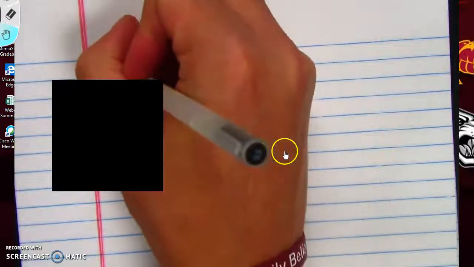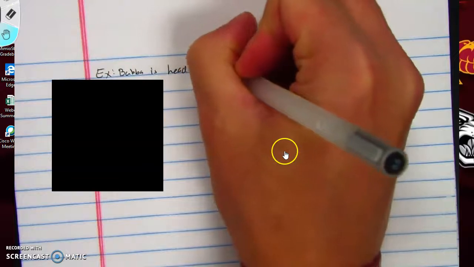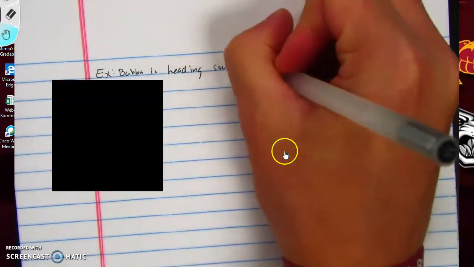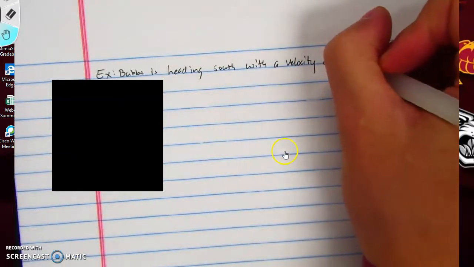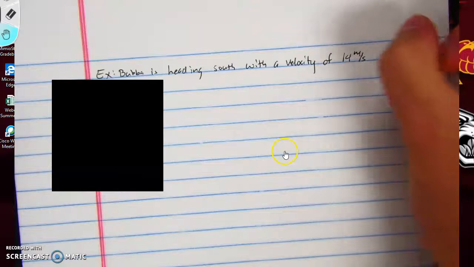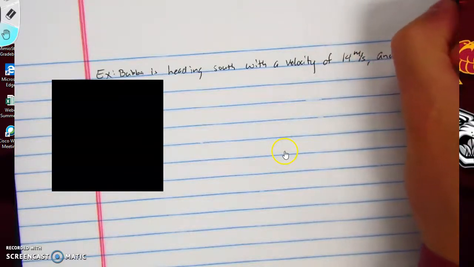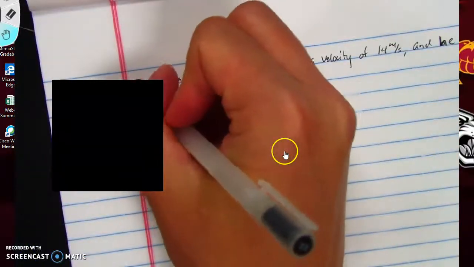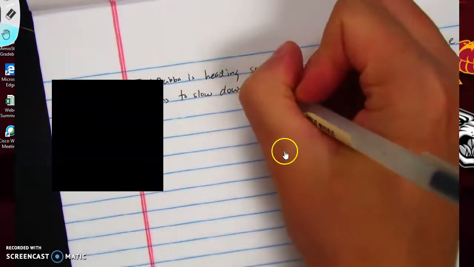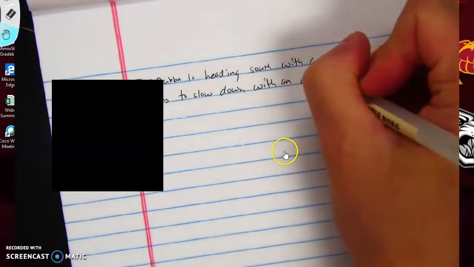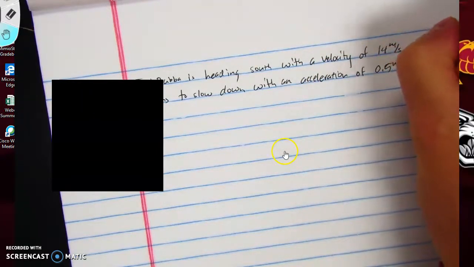But let's say Bubba is heading south with a velocity of 14 meters per second, and he begins to slow down with an acceleration of 0.5 meters per second squared.